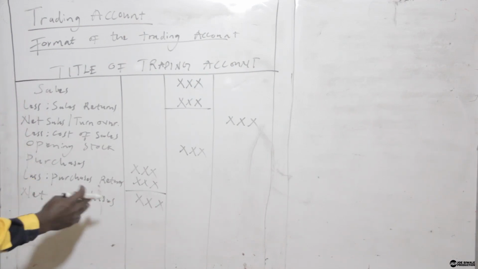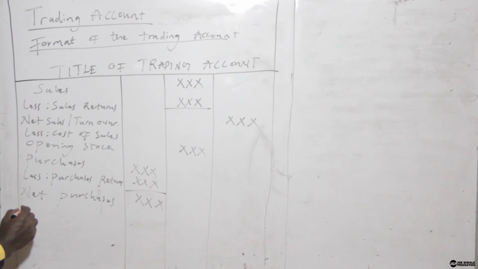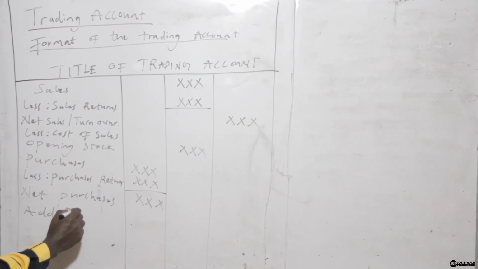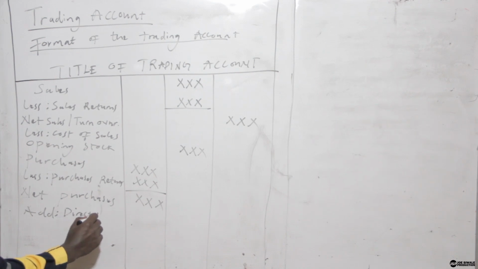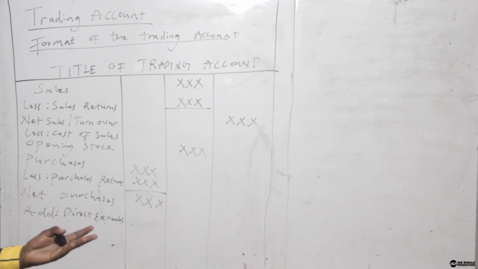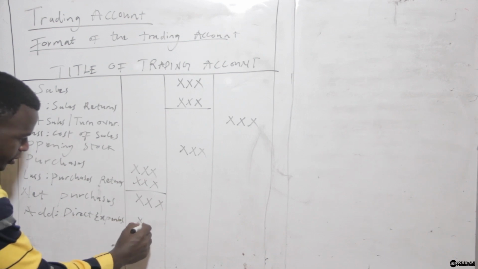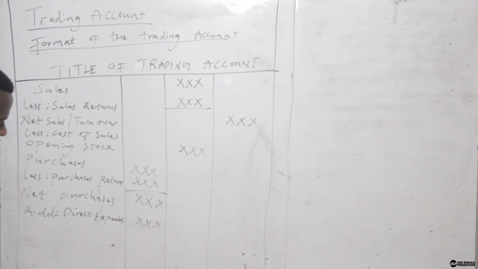Then, since we are following the net purchases, we can say add direct expenses. The direct expenses that can be incurred by the business include carriage inwards and wages. So we're going to add direct expenses.